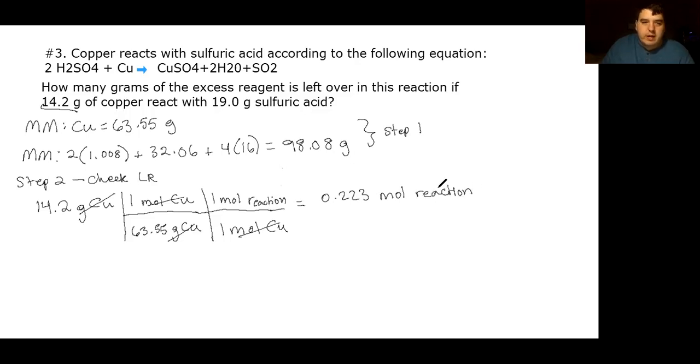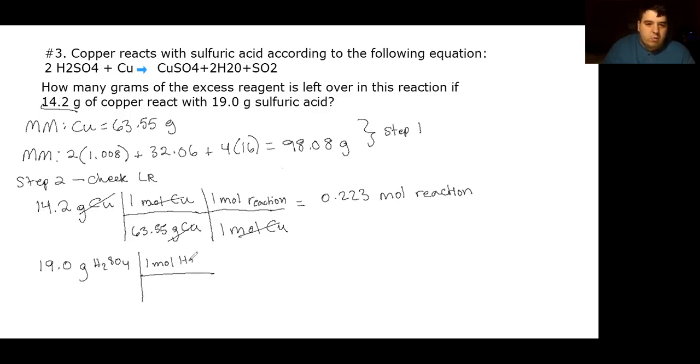Okay, so now let's go ahead and check the sulfuric acid. So for the sulfuric acid, we are given 19 grams to work with. So 19 grams of sulfuric acid. And we're going to do the same thing we just did for the copper. Right on the top, 1 mole of sulfuric acid. And again, this is why we determined the molar mass.